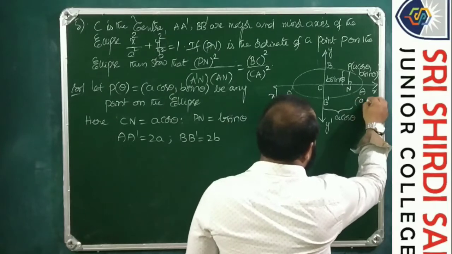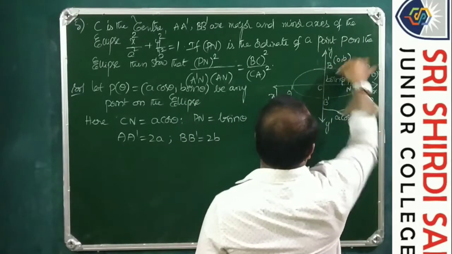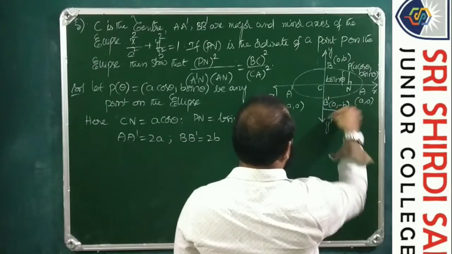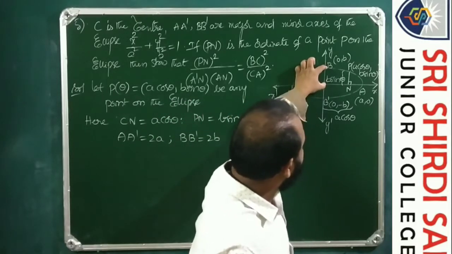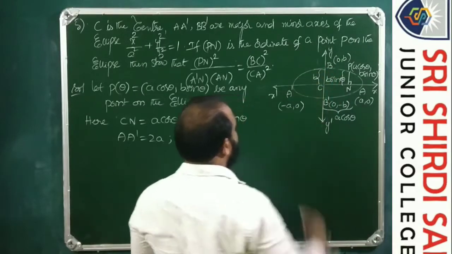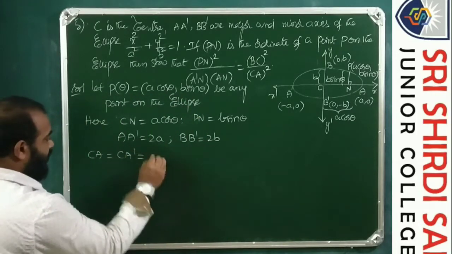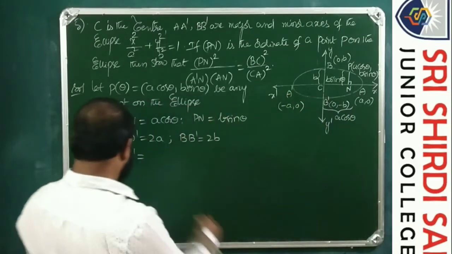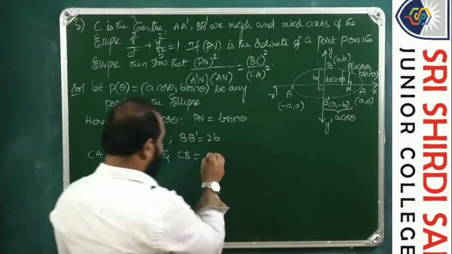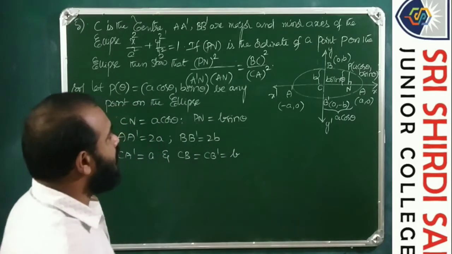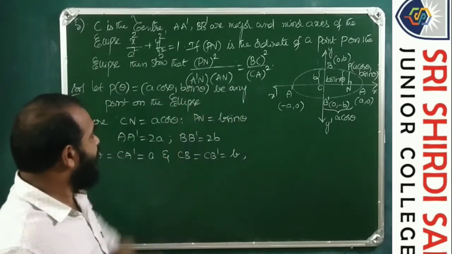That means this is A comma 0, this is minus A comma 0, this is 0 comma B, this is 0 comma minus B. So here BC is equals to B, and CA is equals to CA dash is equals to A, and CB is equals to CB dash is equals to B.